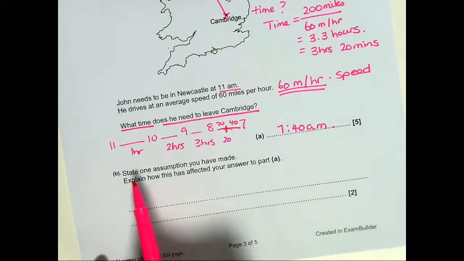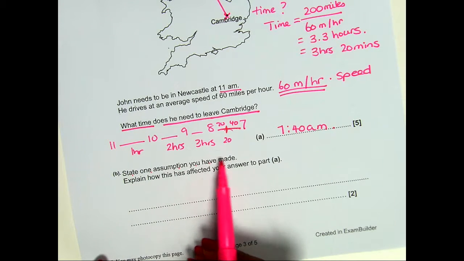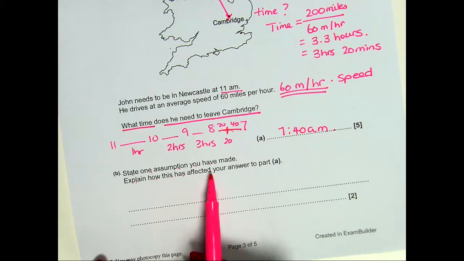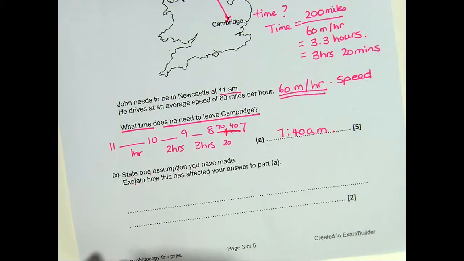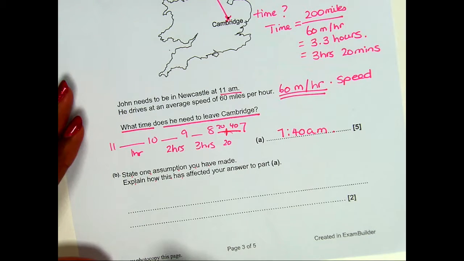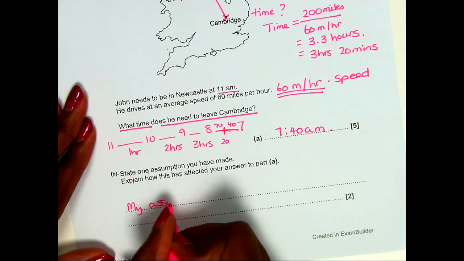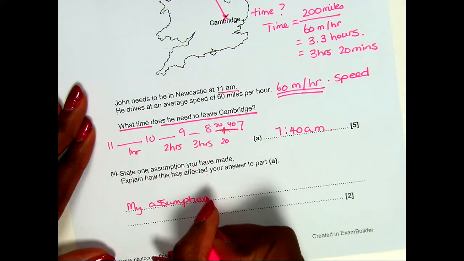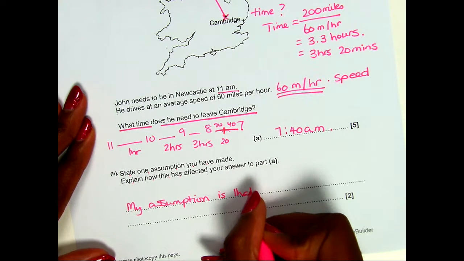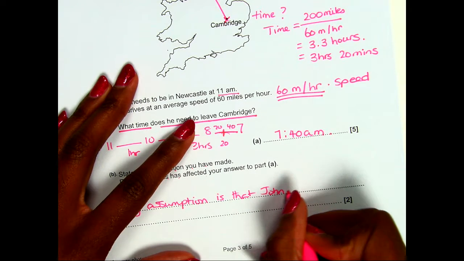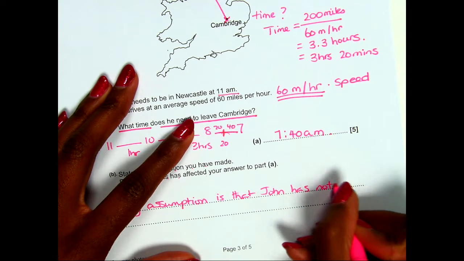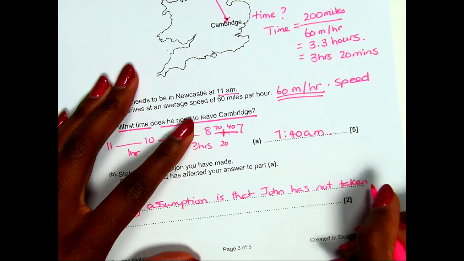Okay, last question. It says, state one assumption you have made. Explain how this has affected your answer. Now, one assumption that John has made is that, once again, he is assuming that he's not going to take any breaks. Okay, so my assumption is that John has not taken any breaks.